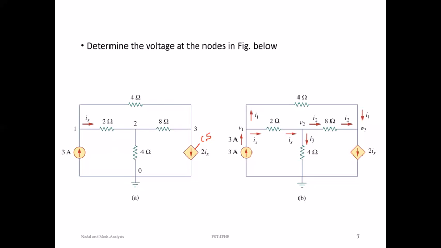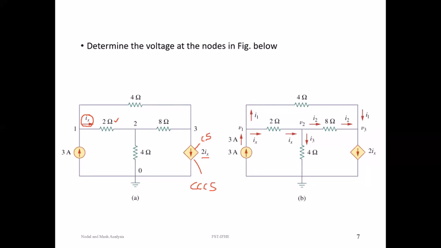The current value is given by 2 into Ix. That means Ix is the current flowing through 2 ohms. So it is a current controlled current source. The current flowing in this particular branch depends upon the value of current flowing through this 2 ohms.